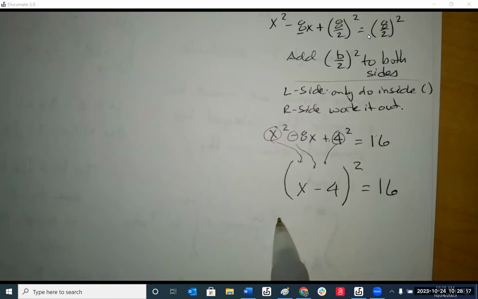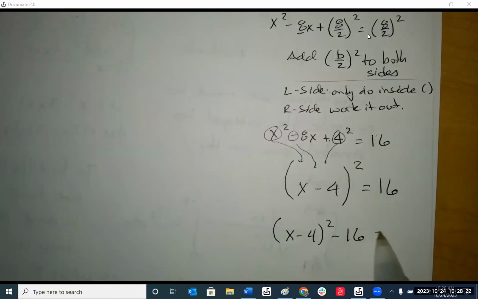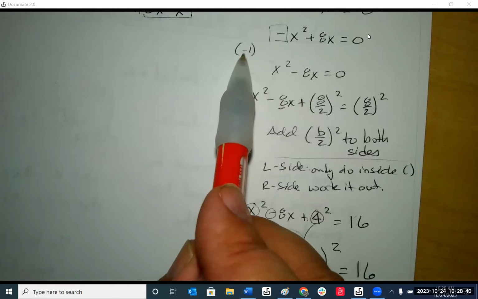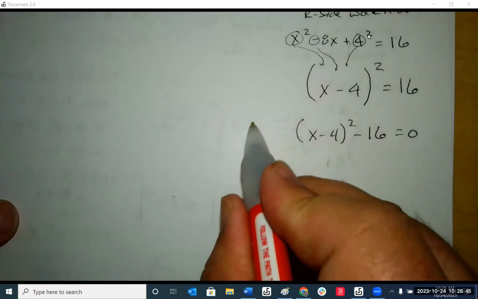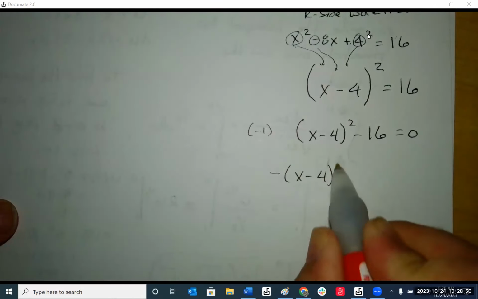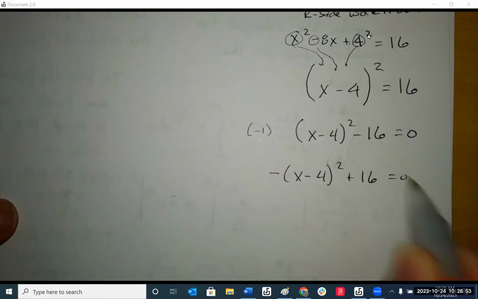Now move the 16 across, because we're not solving for x. We're simply rewriting the function. Now, since up here we took out the negative sign, we have to put it back. So multiply everybody by -1. So we have negative x minus 4 squared plus 16 equals 0.